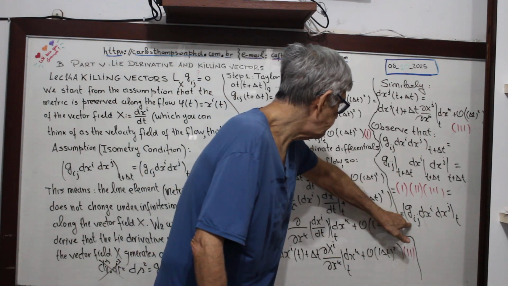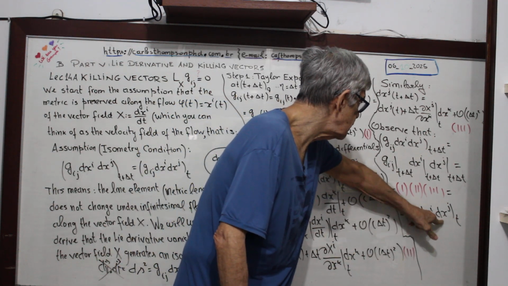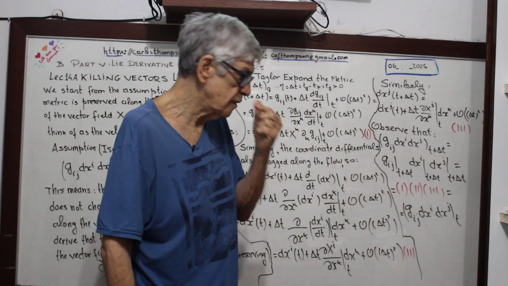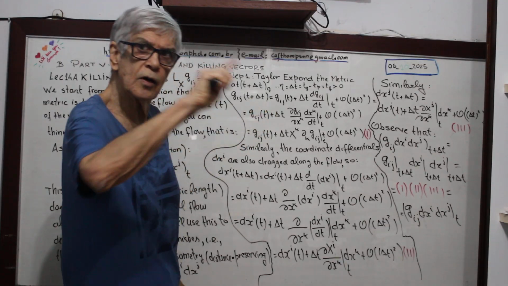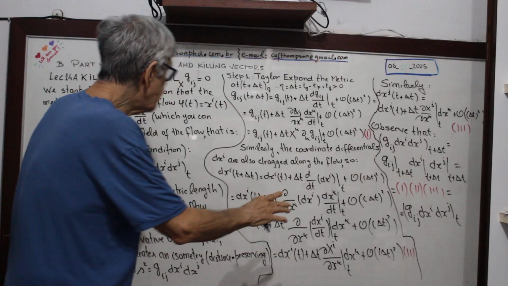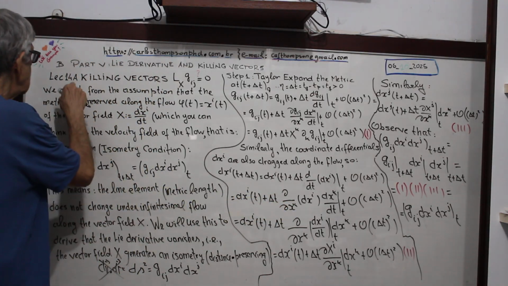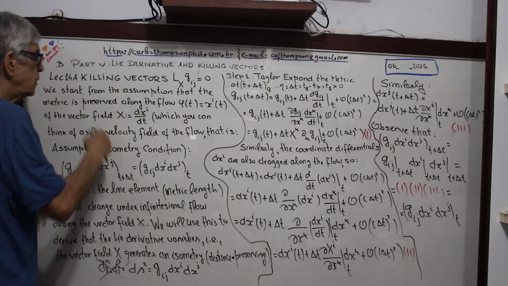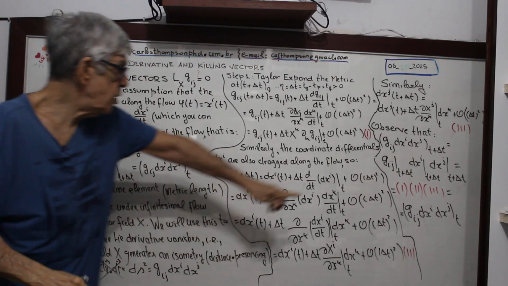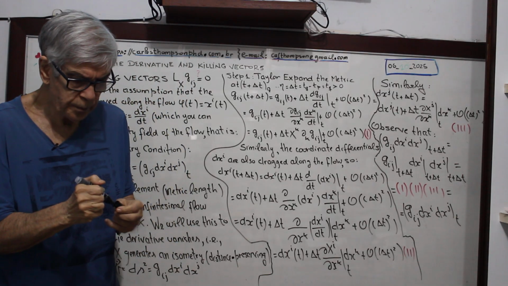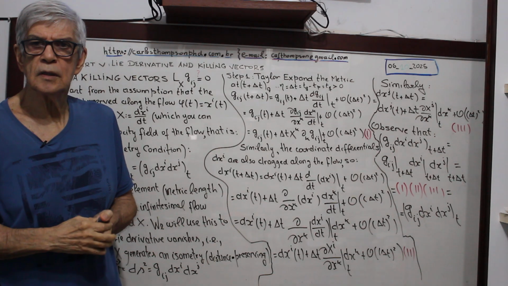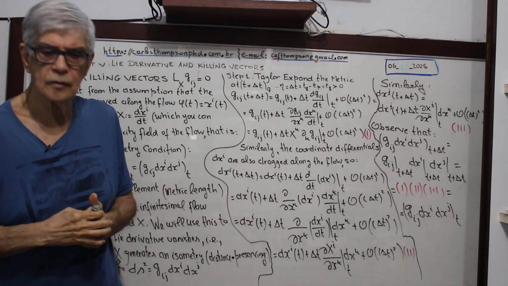So this is equal to g_ij dx^i dx^j at t, because it preserves the distance when you move along the curve. So that's part A. The next part will continue from here to obtain the Killing vector and then the Killing equations.